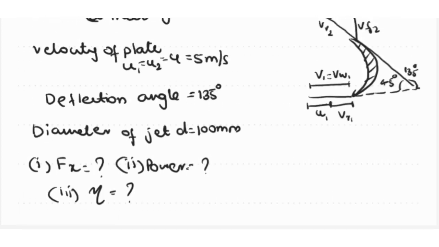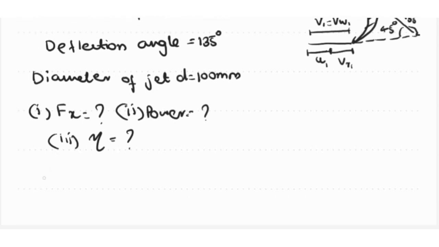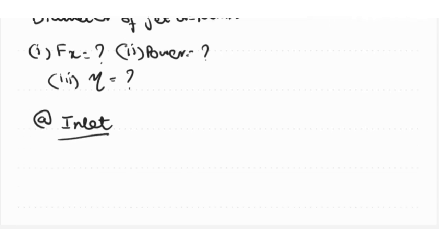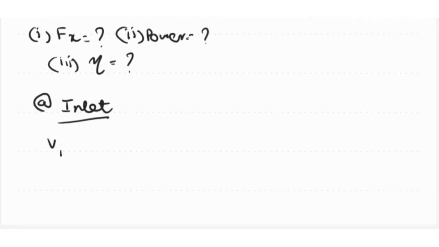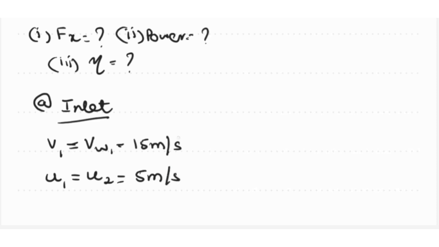So going to the solution, at inlet we know that V1 is equal to Vr1, V1 is equal to Vw1, so that is equal to 15 meter per second. U1 is equal to U2 is equal to 5 meter per second.